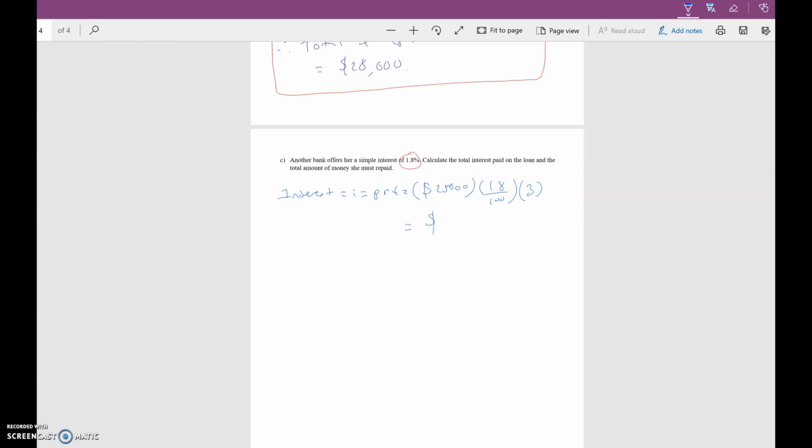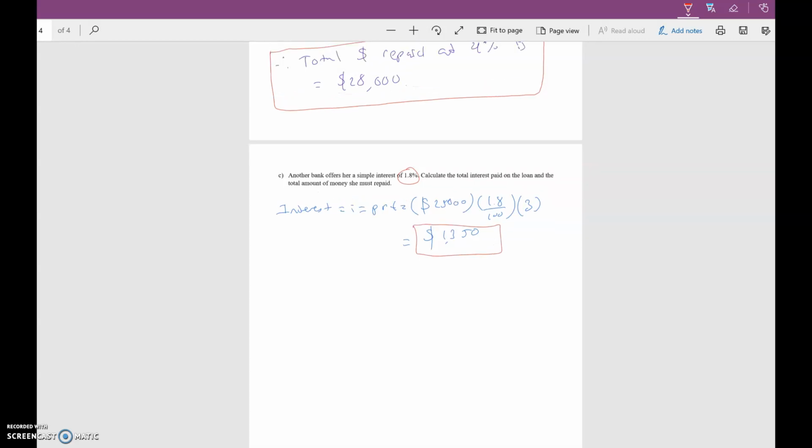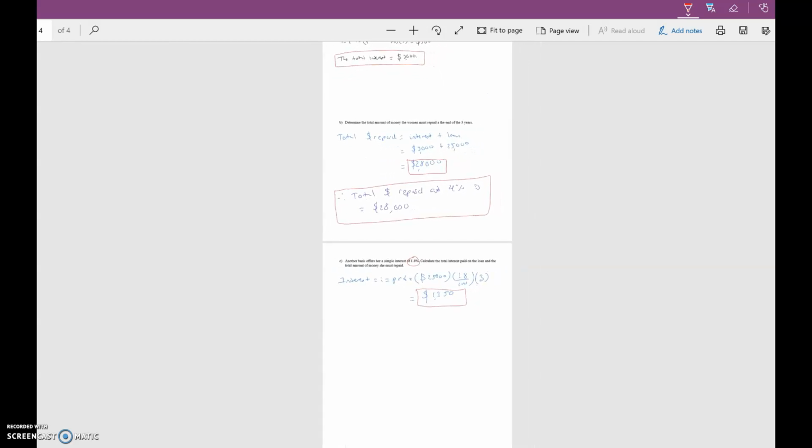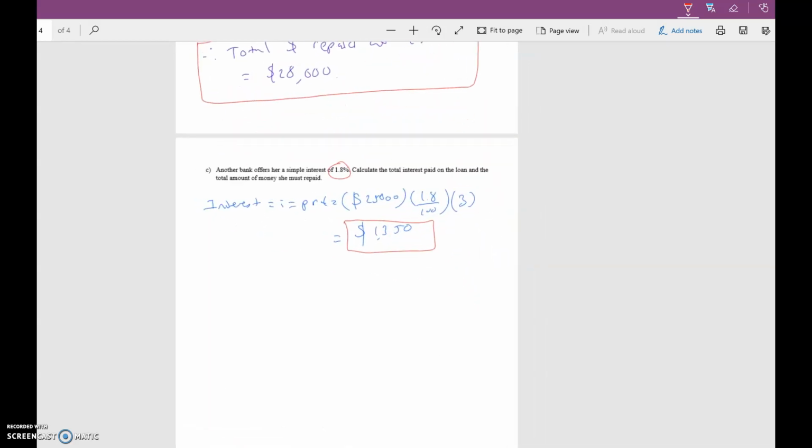I'm getting 1350, sorry. So notice the difference in this situation. It's only 1,350. With the 4%, it was 3,000. So it kind of makes a difference.